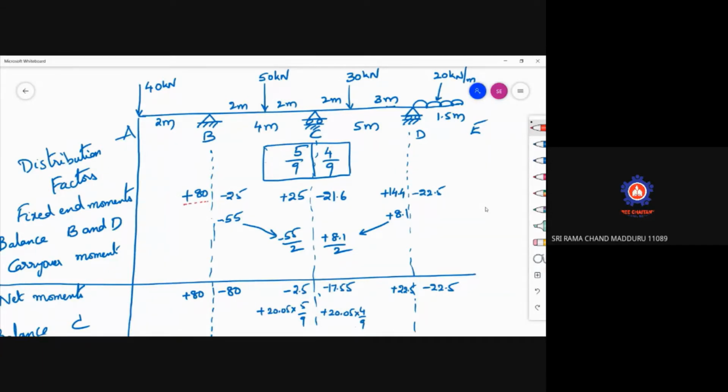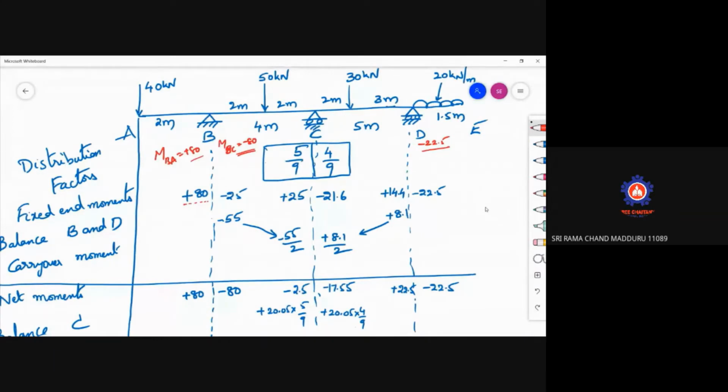Here the final moment MBA value is plus 80. So MBC should become minus 80. To satisfy the joint condition, MBA is already plus 80 and MBC should be equal to minus 80. And here also, MDE is minus 22.5.